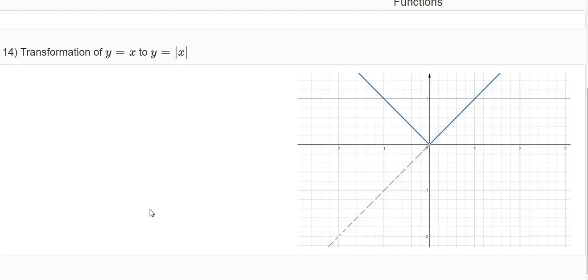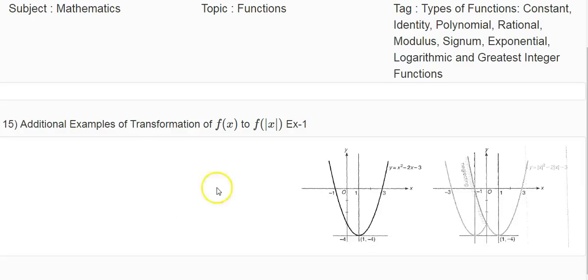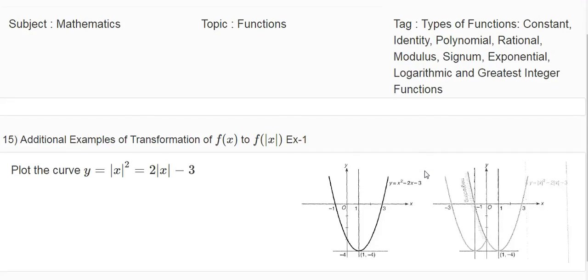So this becomes the graph of our y is equal to modulus of x. Now let me try to explain it with another example. This is the graph of y is equal to x square minus 2x minus 3. Now we have to transform this graph from y is equal to x square minus 2x minus 3 to y is equal to modulus of x square minus 2 modulus of x minus 3.